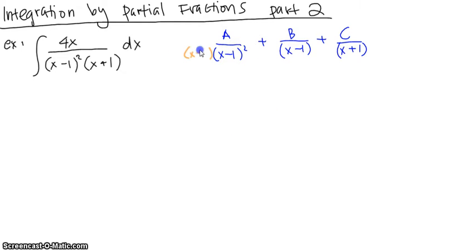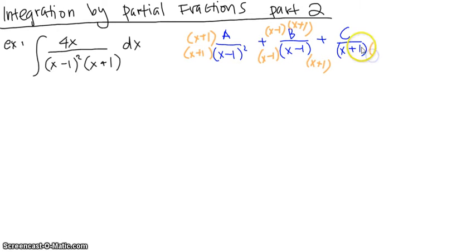So I'm going to multiply top and bottom by x plus 1 here. This one has one factor of x minus 1, but it needs one more for that common denominator. Plus, it needs an x plus 1 as well. So I'm going to multiply the top and bottom by x minus 1, x plus 1 here.